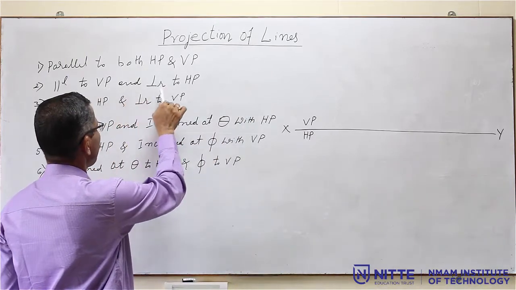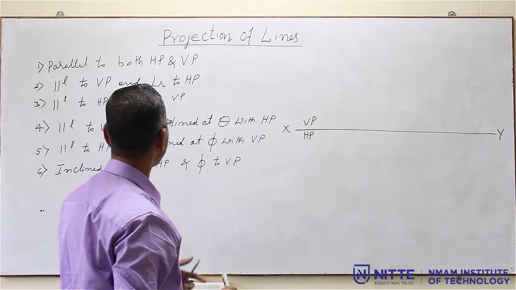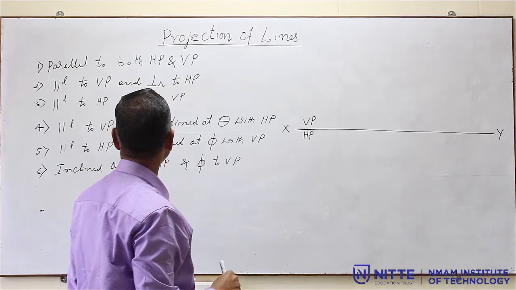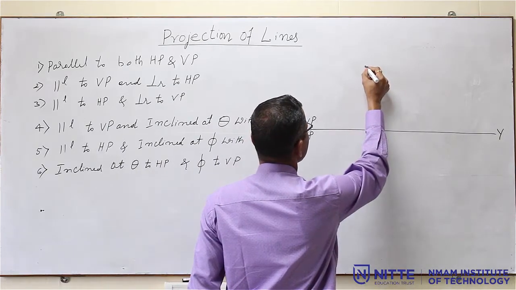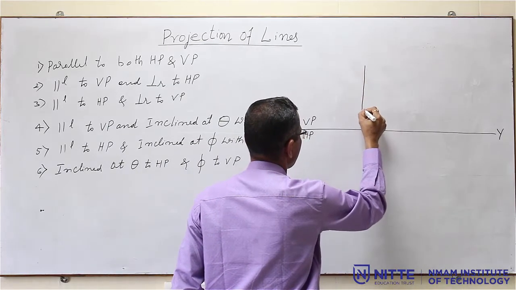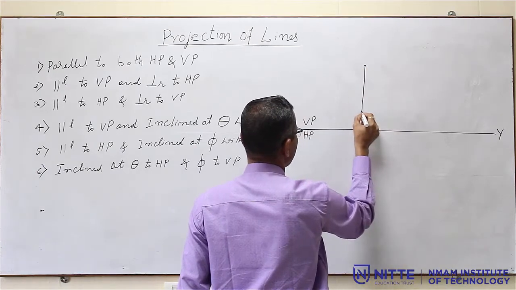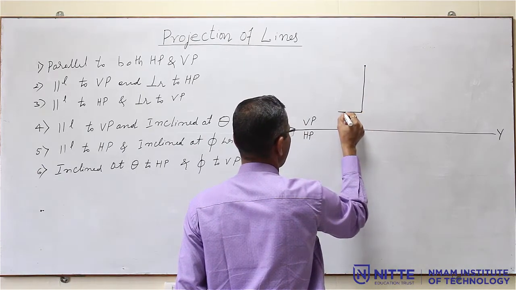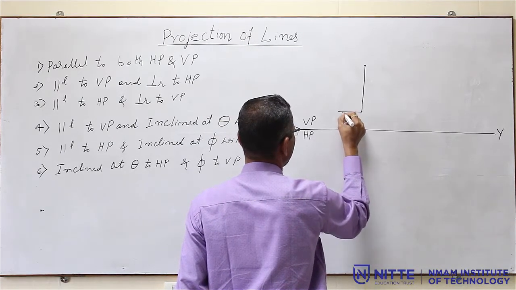So, here once again they will mention the dimensions, how much above HP and how much in front of VP. So, the front view will be a line like this. They will give this distance, 20 mm above HP or 30 mm above HP.